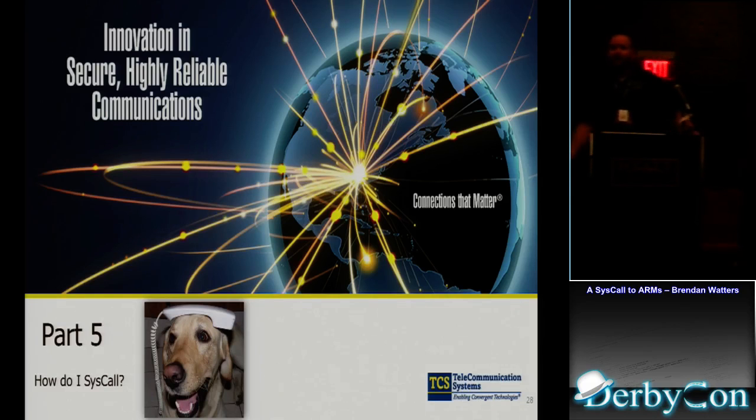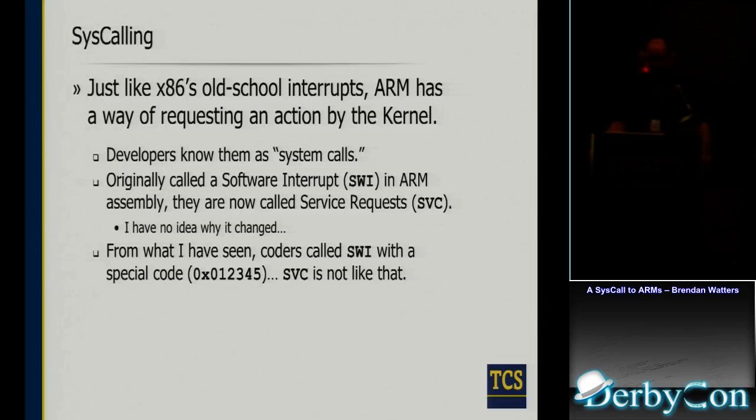Now, moving on to the fun part. How exactly do we go about syscalls? That's the whole point of this talk, so let's go in. Most of you are probably well aware of this user mode, kernel mode dynamic. The user mode process doesn't get to do whatever it wants to. In fact, it doesn't get to do a whole heck of a lot. It has to ask the kernel for everything.